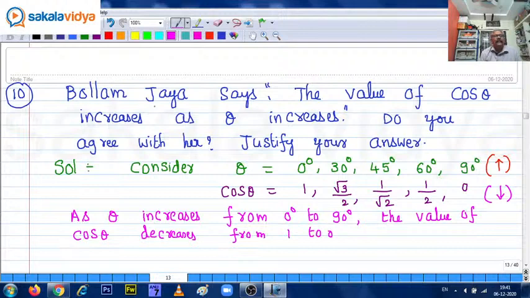But what does Jaya say? Jaya says that it increases, so false. So therefore, no, I do not agree with her.